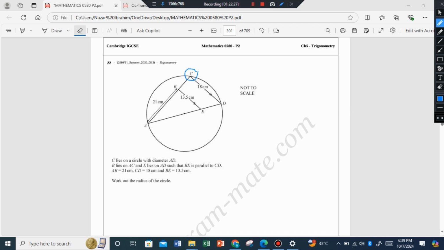What we need to find out is the radius, that is the distance from A to this point. If I name this point as F, basically it is AF, which I need to find.